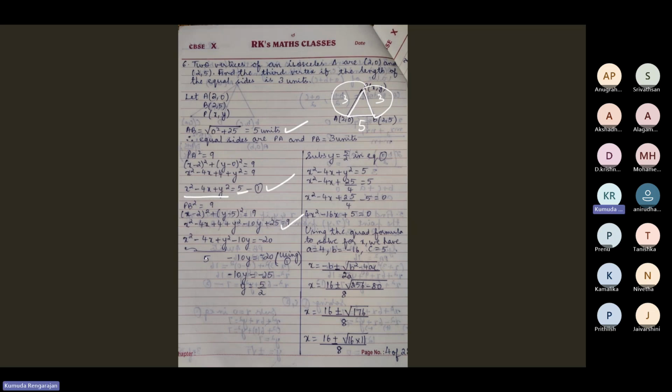This one is 5. When you substitute, you are able to find the value of y. And then again, y in one of the two equations, you'll get the values for x.